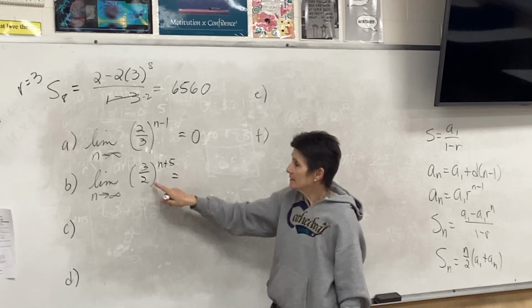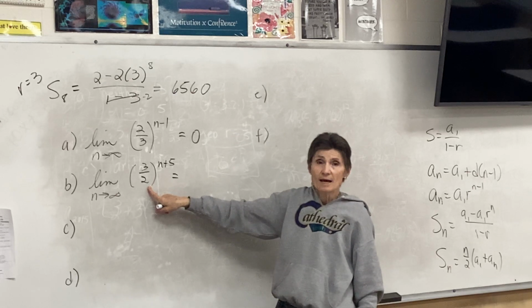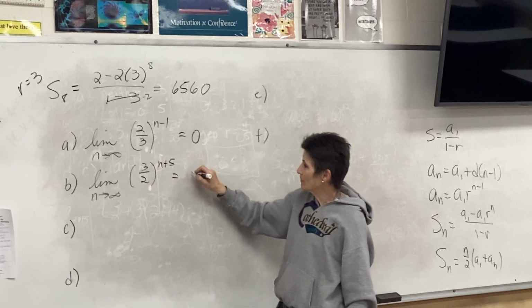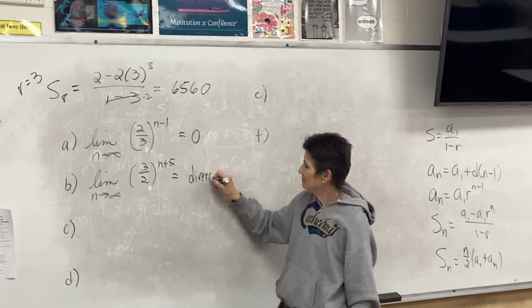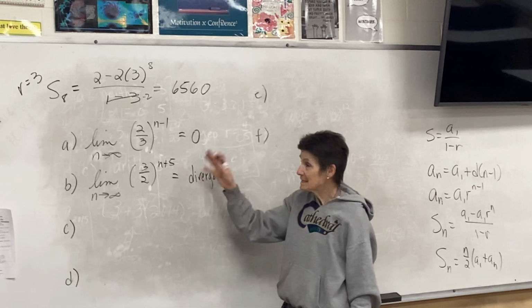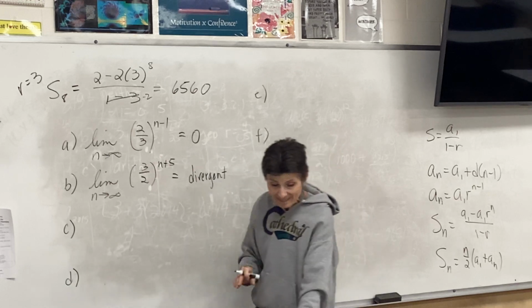On the other hand, these are going to continue to get bigger and bigger and bigger as you multiply by 3/2. So this is divergent or no limit. Okay? So that's it. For problems that are a number raised to a power, that's it.